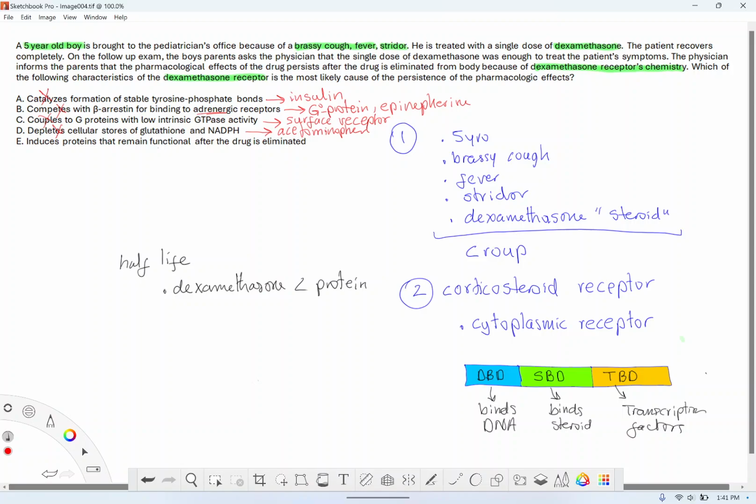Induces protein that remains functional after the drug is eliminated. Yeah, the steroid hormone binds to its receptor in the cytoplasm, then it will cause transcription of DNA followed by translation of mRNA into proteins. So the proteins that are produced can remain longer and still do their function. So yeah, E is the best choice. Okay, all right.